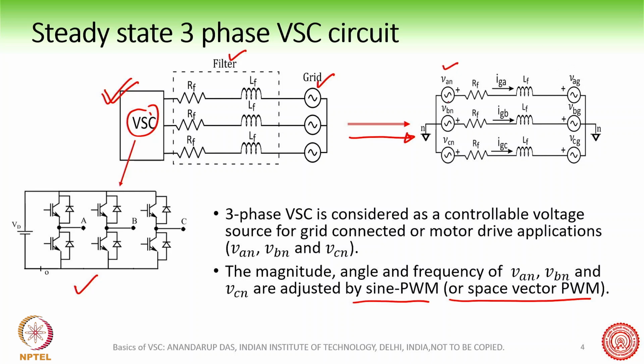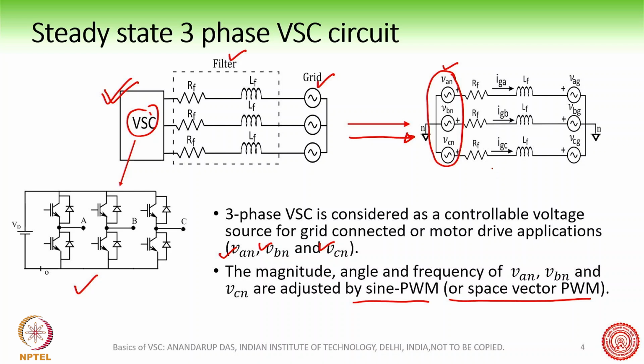Here the VSC is now represented by a three-phase controllable voltage source, given by VAN, VBN, and VCN. Suppose we use sine PWM. Using that technique, the magnitude, angle, and frequency of VAN, VBN, and VCN are adjusted, so it is a completely adjustable or controllable voltage source.